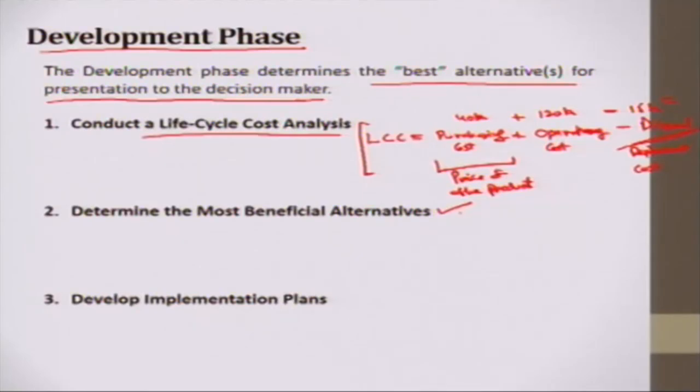Next, we determine the most beneficial alternatives. In evaluating the alternative, the value engineering team should consult personnel who have knowledge about the item function. We consult the expert here.